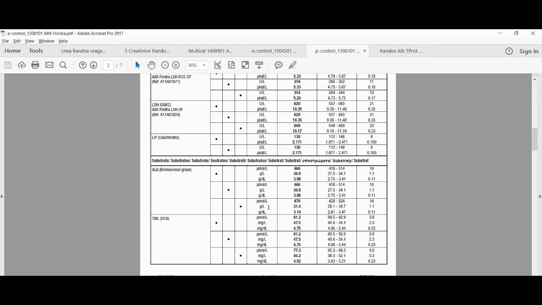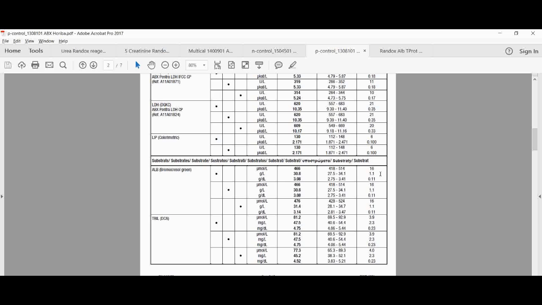For albumin, in this case, 30.8 grams per liter is the mean, with a range of minus 3 standard deviations to plus 3 standard deviations, and 1.1 gram per liter represents 1 SD.